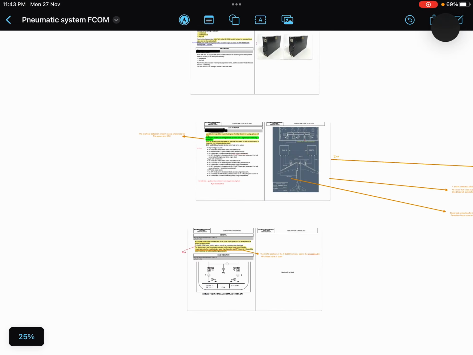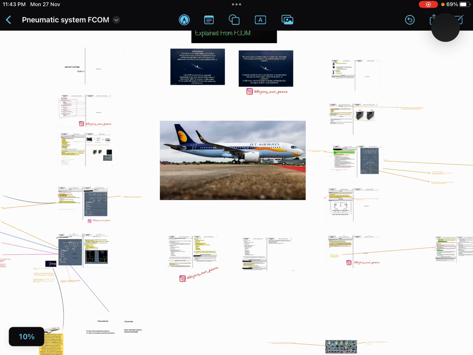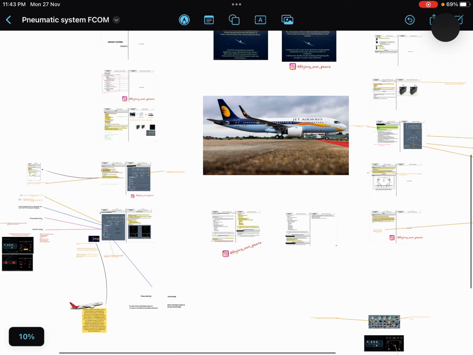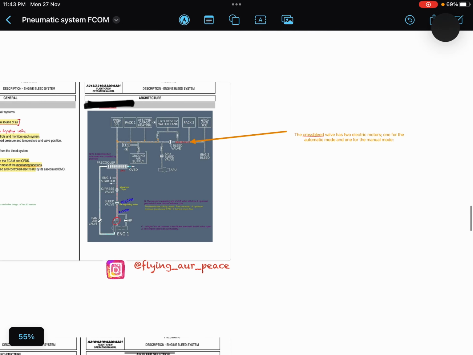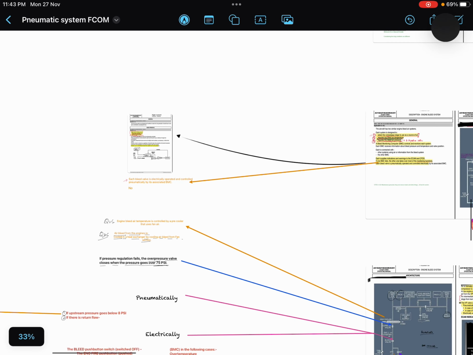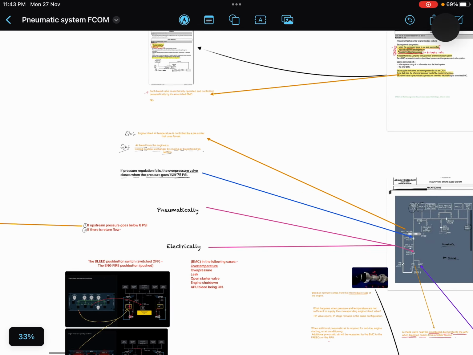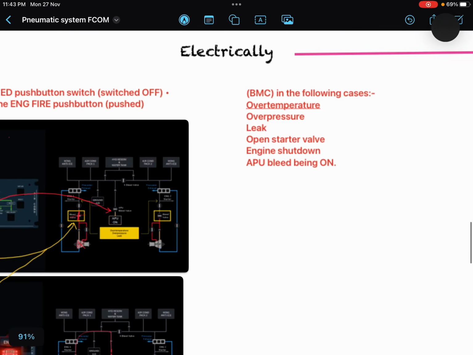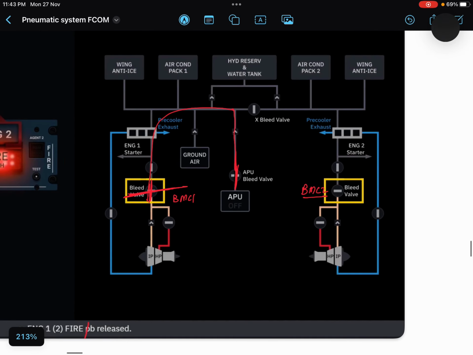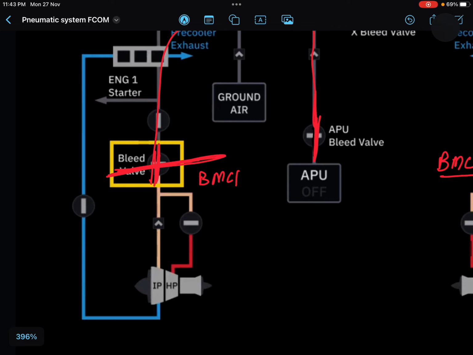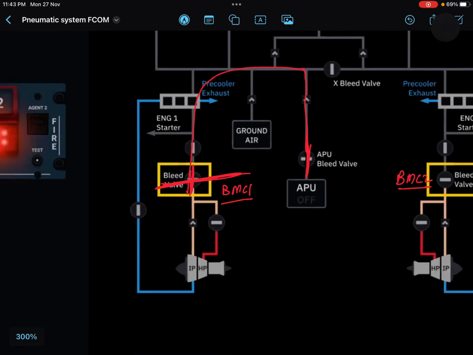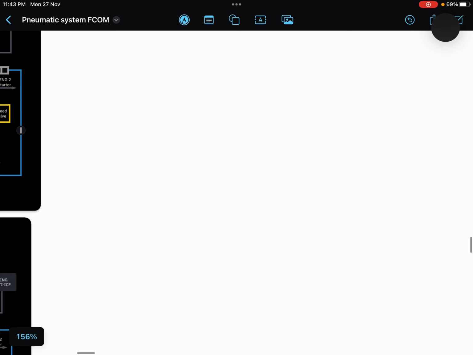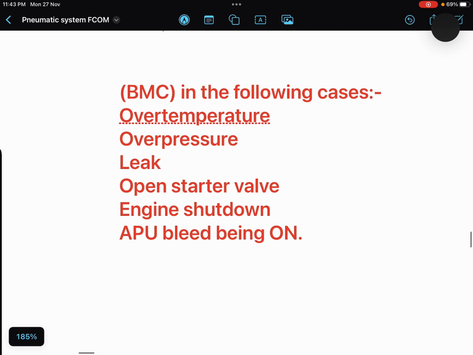So if the bleed leak has been detected towards the left side, the left hand side bleed valve will close automatically with the help of BMC, right? I'm just discussing all the points which are written over here.